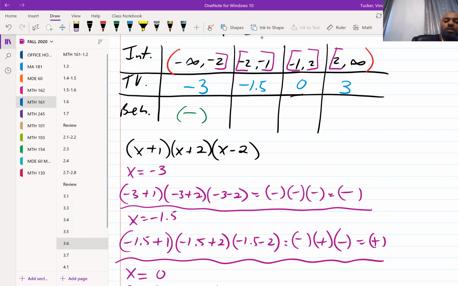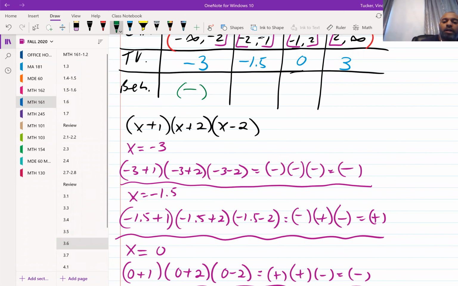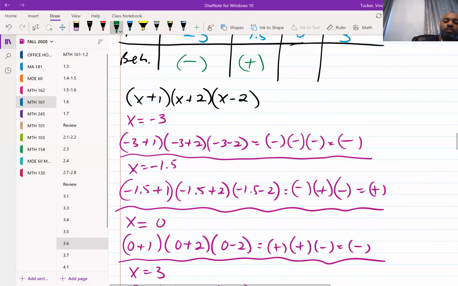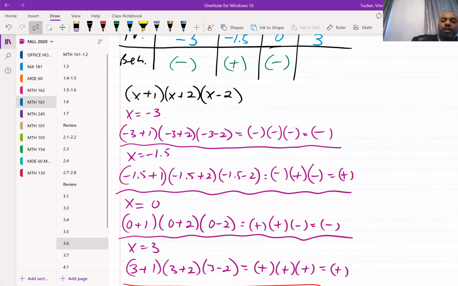All right. Next one, plugging in -1.5, negative times negative, which will give me a positive. Plugging in 0, positive, and negative is negative. And then that last one, plugging in +3, I get all positive, and the result will be positive.